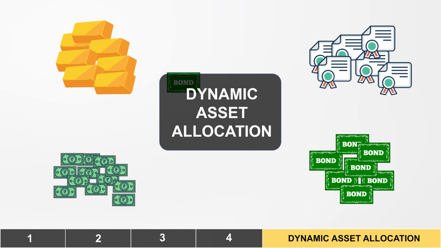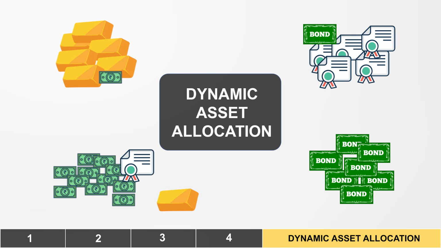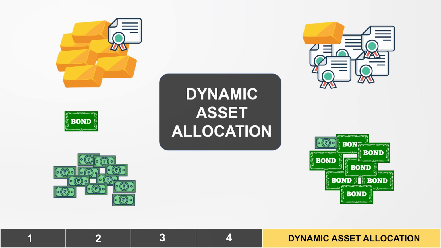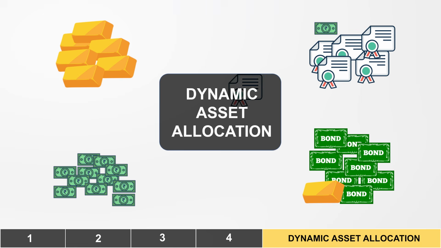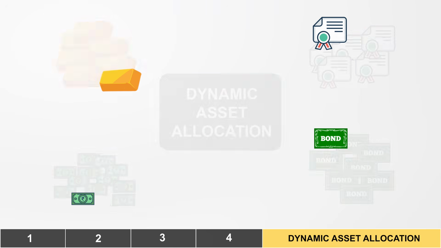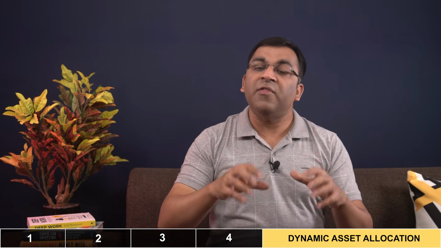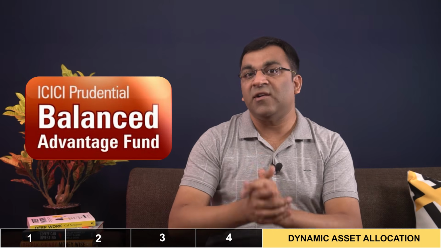A dynamic asset allocation model does something similar, but it does that over multiple assets, often shifting some part of the money from equity to debt, to gold, back to equity, etc., thereby maintaining a balance between return and risk. Actually, a good way of understanding this is by examining one of the bigger funds in the category, the ICICI Prudential Balance Advantage Fund.